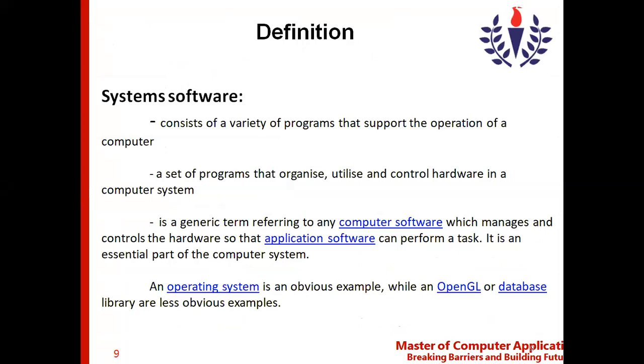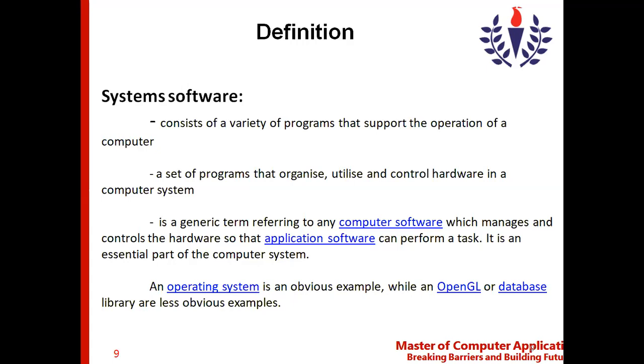Coming to the definition of system software: it consists of a variety of programs that are used to operate the system. It also controls the hardware of the system.